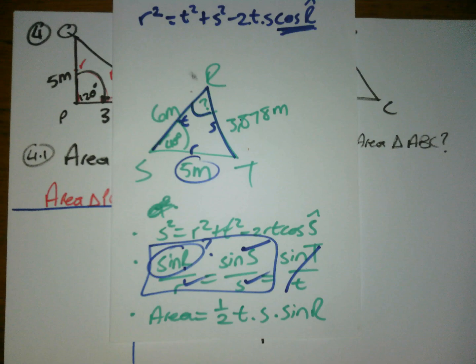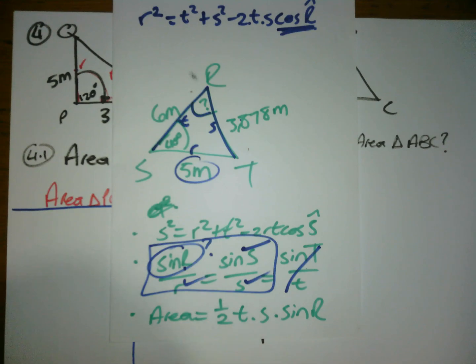If you look at this one again, it's the exact same thing all the time. You must look at your triangle and look at what they are asking you. Look at what is given to you and what you've calculated so far. Then determine for yourself, based on the formulas you know and the rules you know, what rules can you apply to calculate the missing thing they're asking for?